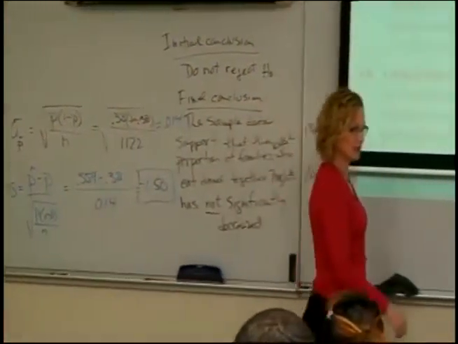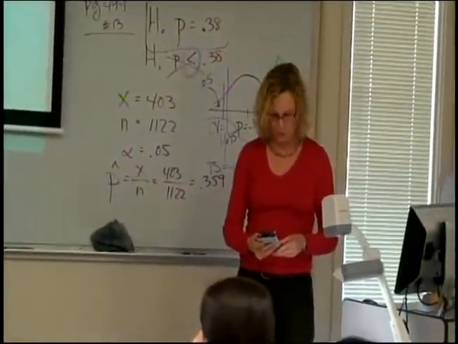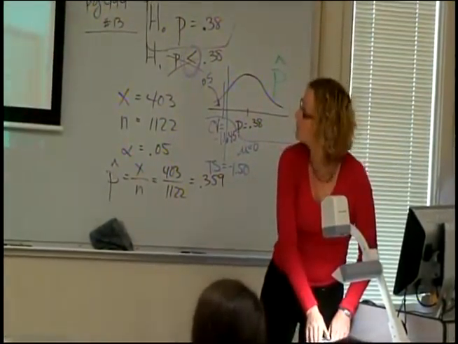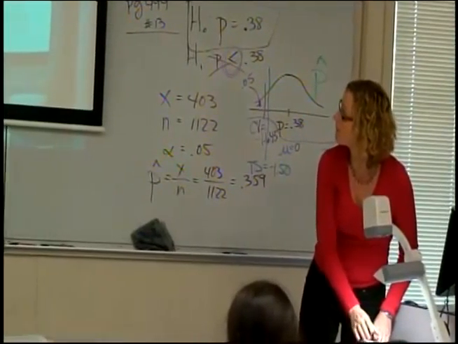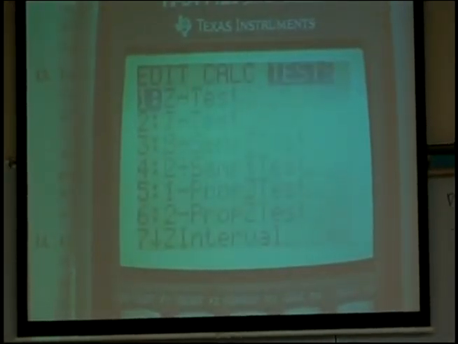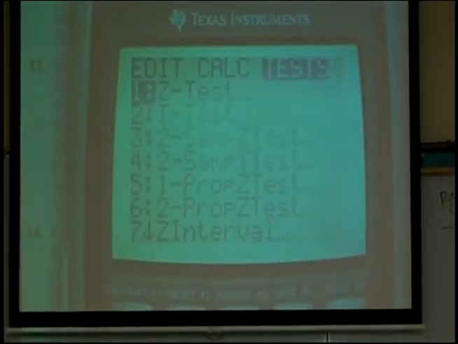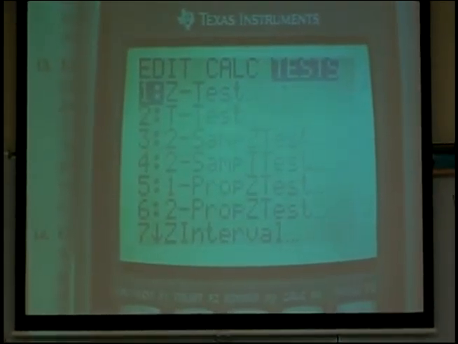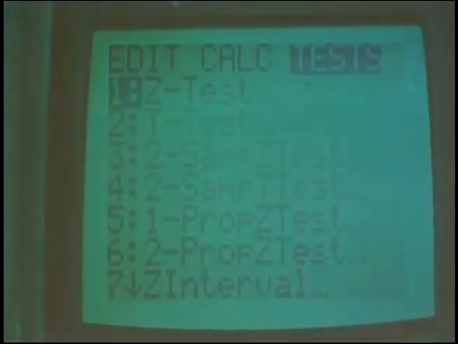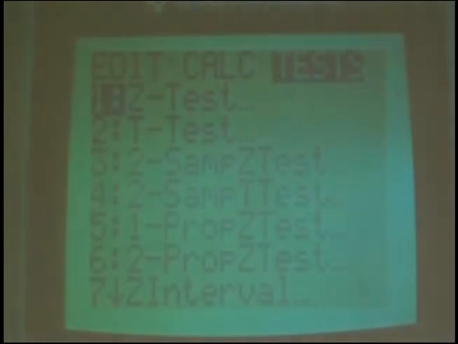Let's do it by calculator. If you're using the TI 83 or 84, you're going to want to go to the tests menu, stat, right. This is a one proportion z-test.